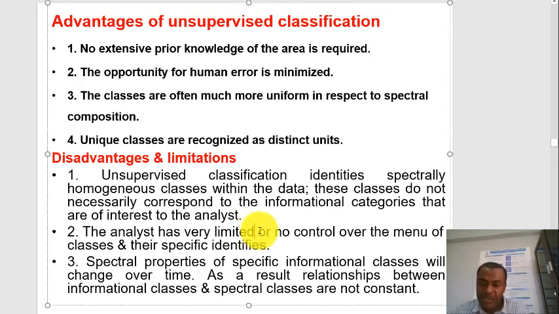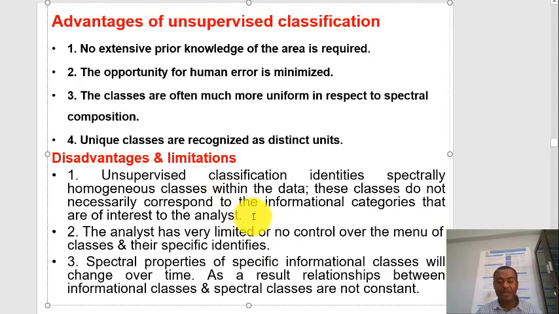Both of them will reflect similarly, and hence the spectral grouping will form a similar class, as if they are one. So this type of result may not correspond to the real world situation.